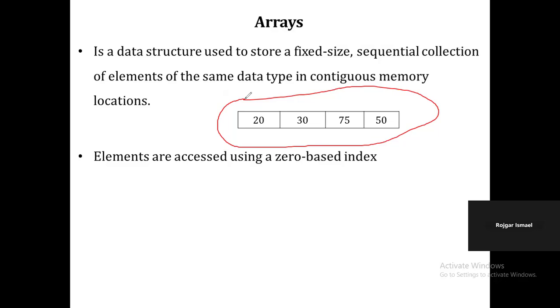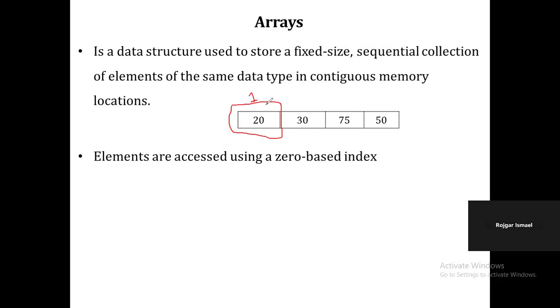How is it accessed? Here we describe the indexes, which are very important in the array. Here 20, if we are talking about the 20, its element number is 1.